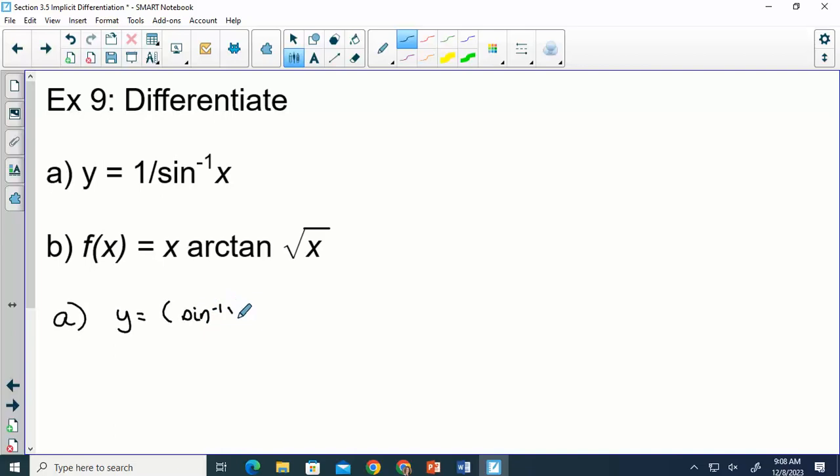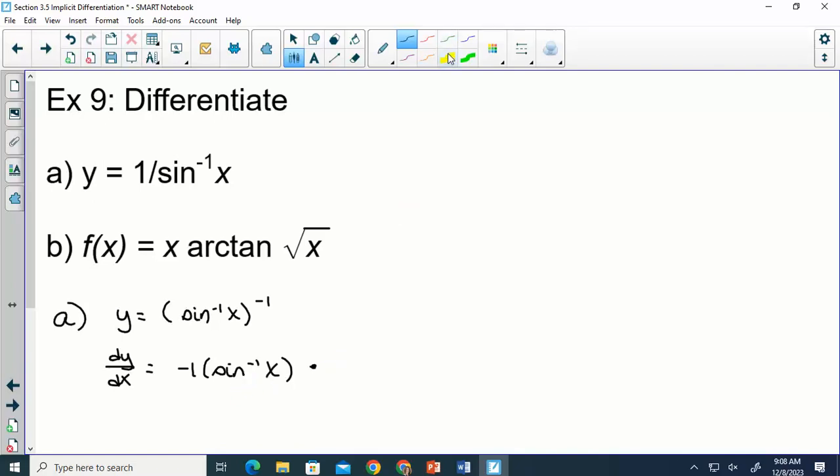So this is like saying sine inverse to the negative 1. So if I asked you to do the derivative, we're doing chain rule. We start on the outside. So the negative 1 comes down. Inside stays the same. Times derivative of the inside.